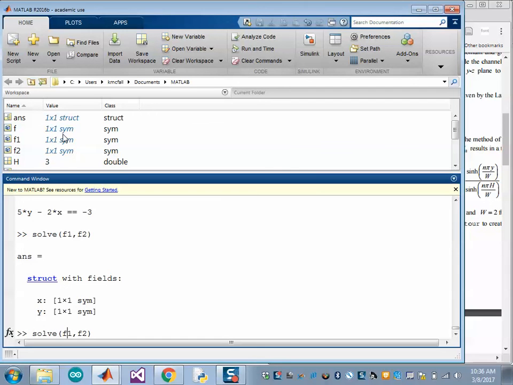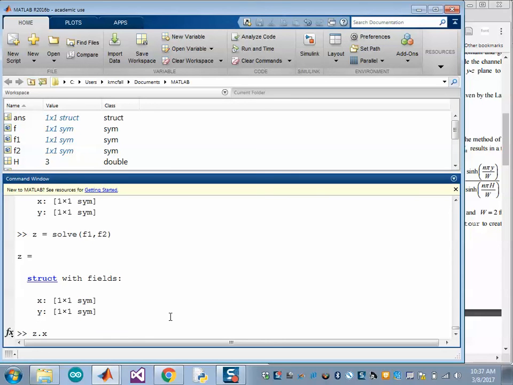So let me go ahead and give a z equals so that I catch this somewhere other than ans. And what it's saying is that this structure has what are called fields, which is just the MATLAB way of talking about a data member. So a field is a data member. So we have a data member x and a data member y. And the way we access that is the same way as in C++.